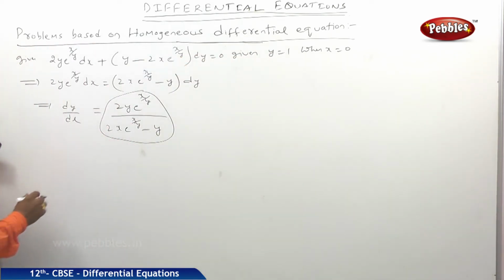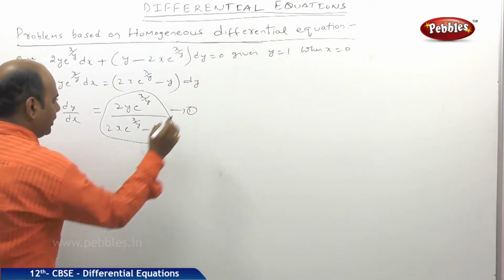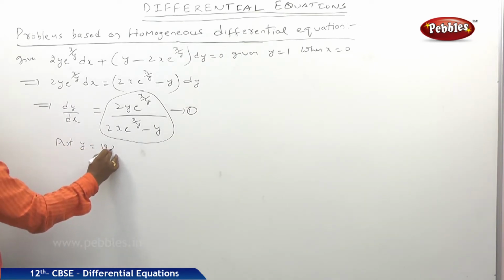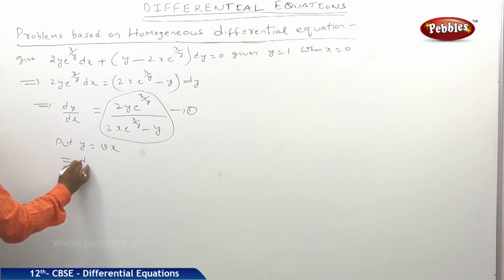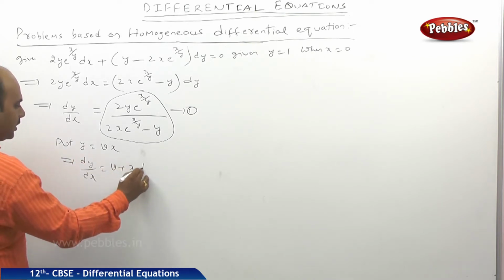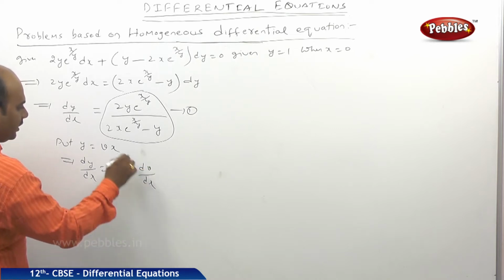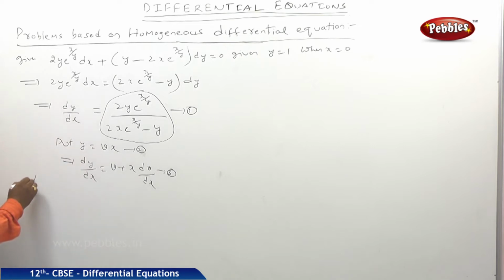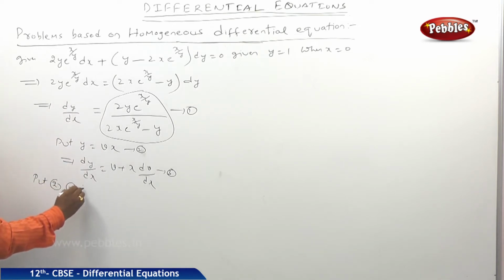So whenever a homogeneous differential equation is coming, what we need to put, we need to put y is equal to vx. When I put y is equal to vx, what happens, dy by dx is equal to v plus x into dv by dx. So I call this as 2, I call this as 3. So what I will be doing, I will put 2 comma 3 in 1.